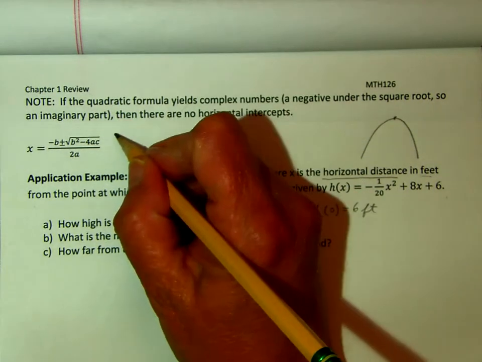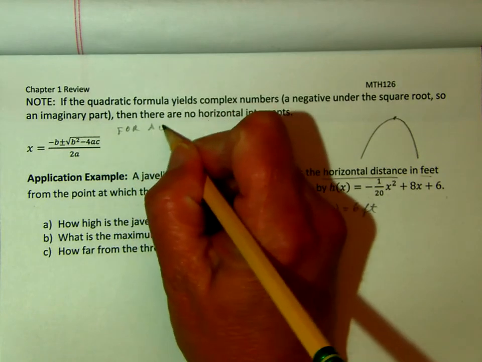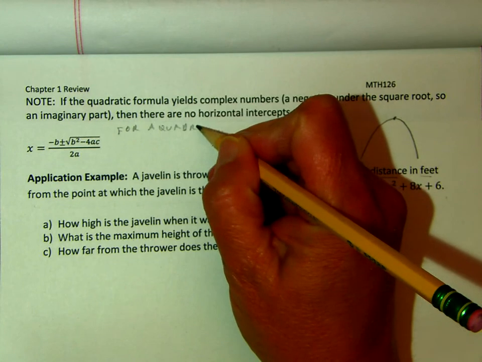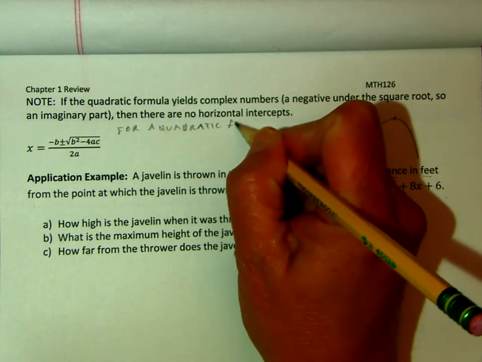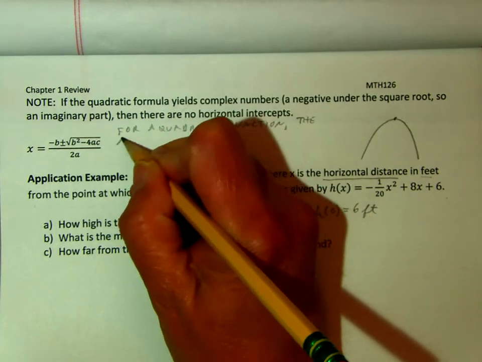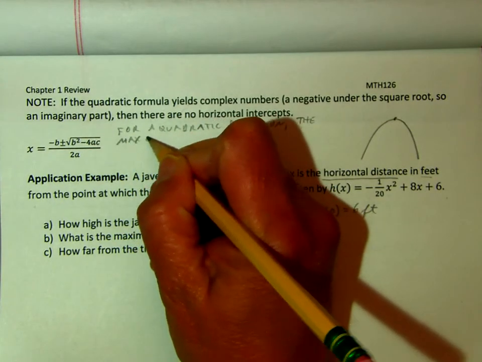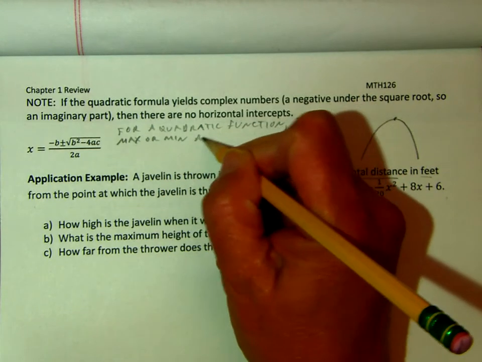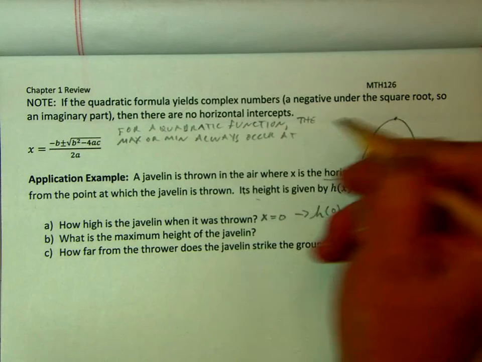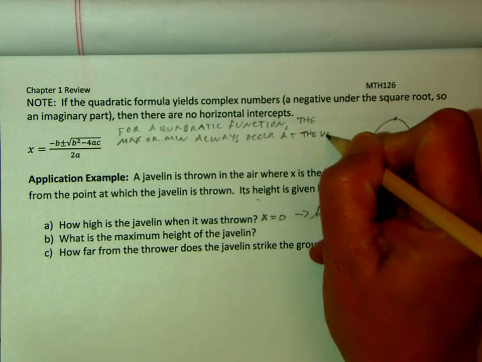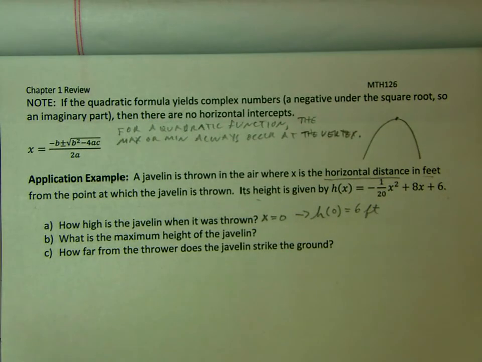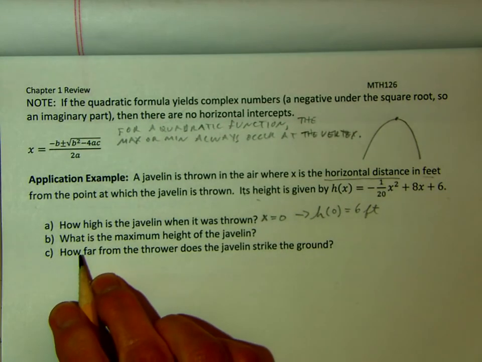For a quadratic, the max or the min always occur at the vertex. So we're going to need to find the vertex to find the maximum height.